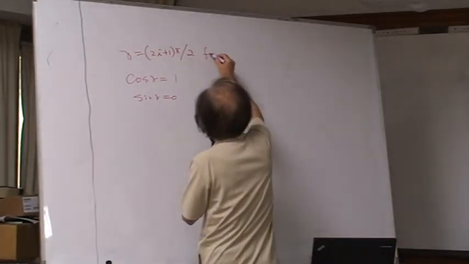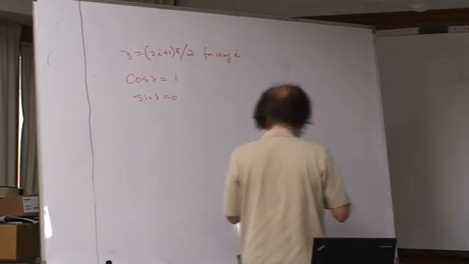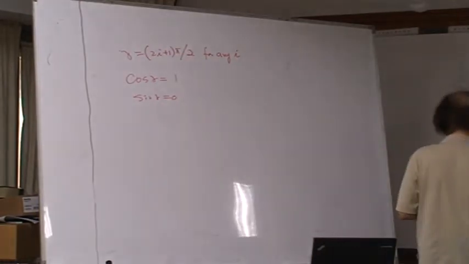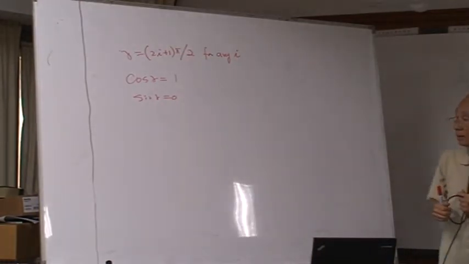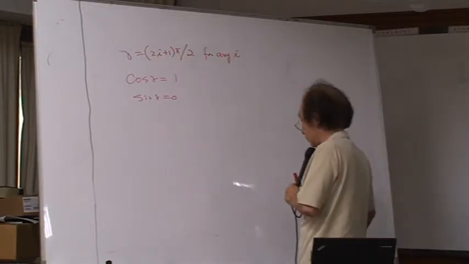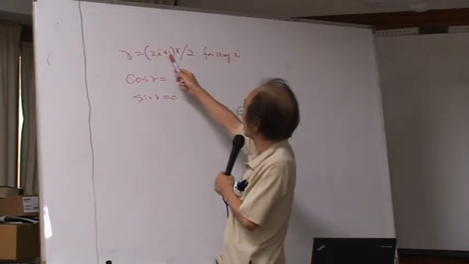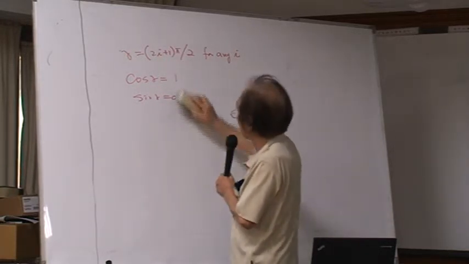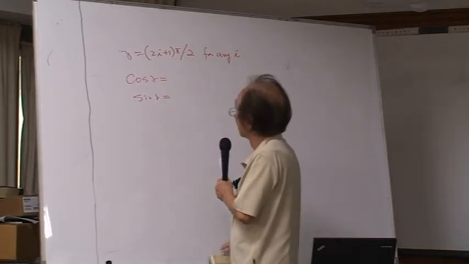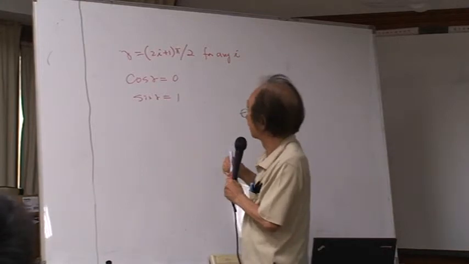For any i. Alright. When i equals 0, then gamma equals pi over 2.